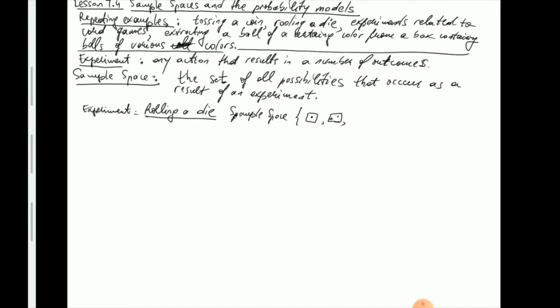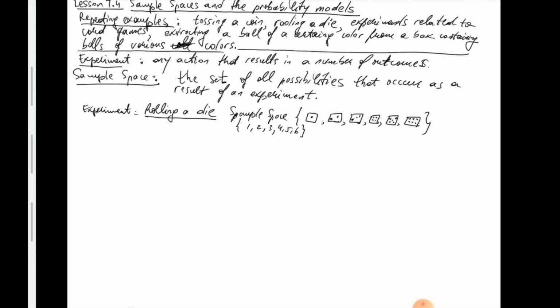So you can have the face with 1 dot, the face with 2 dots, the face with 3 dots, 4 dots, 5 dots, and finally 6 dots. This is if you want to be visual, to illustrate what the sample space is if you roll a die. But you can quickly see that it's far more practical to use other labels, in this particular case, numbers. So the outcomes or the sample space for rolling a die are essentially the faces with the numbers 1, 2, 3, 4, 5, and 6.